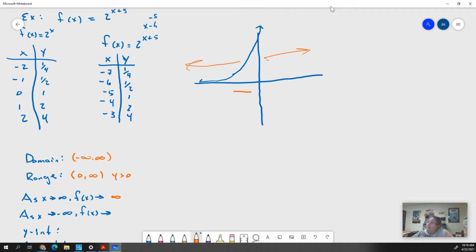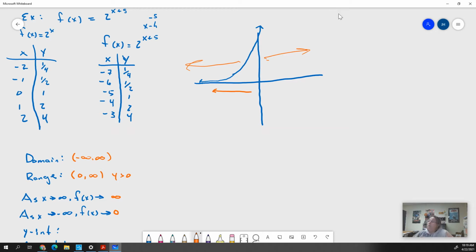As x gets further and further towards negative infinity, we're no longer going to negative infinity, because we can't cross this line. So y is getting closer and closer to 0. None of this has changed for us.